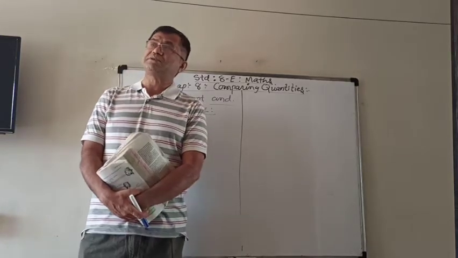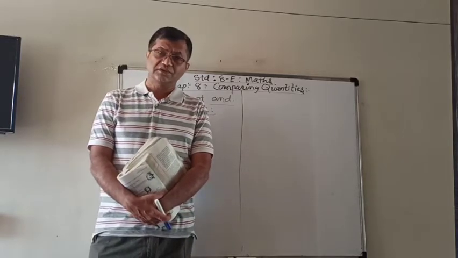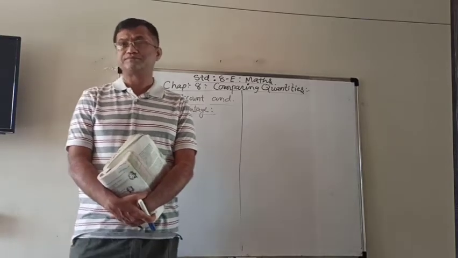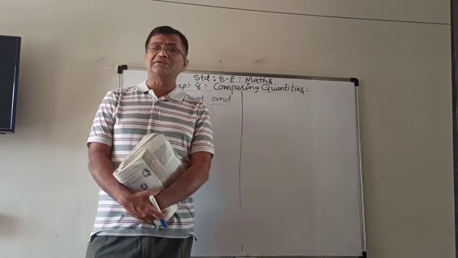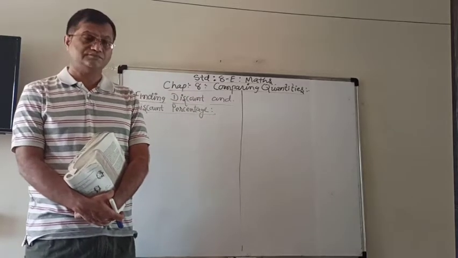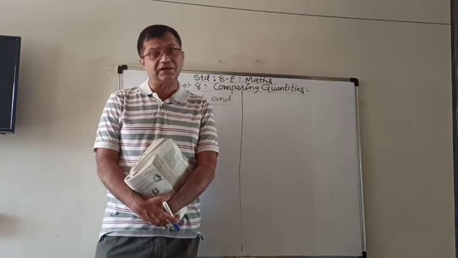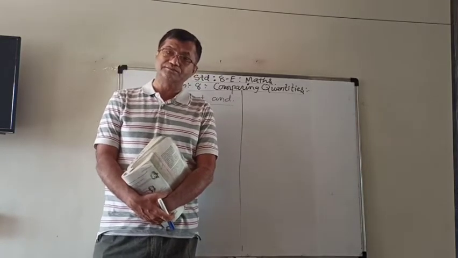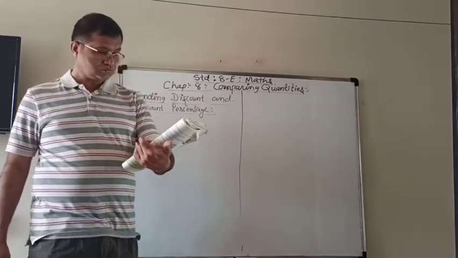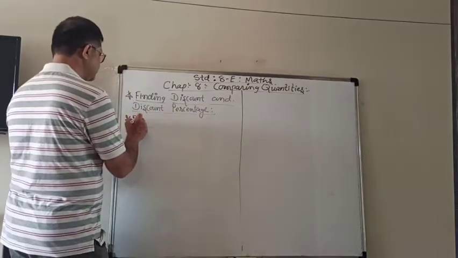It means that suppose a sari has marked price, say about 4,500, but they are giving the sari less than 4,500, maybe 4,300 or 4,000. So here we are getting some discount. So what is discount? First we will learn about it.